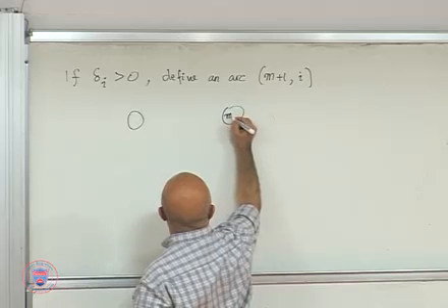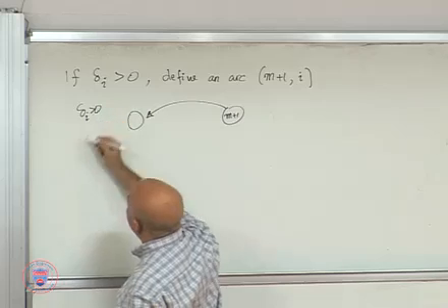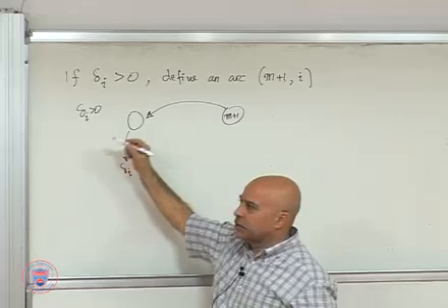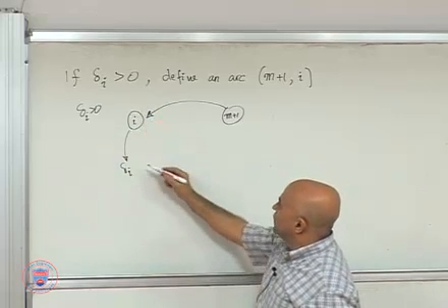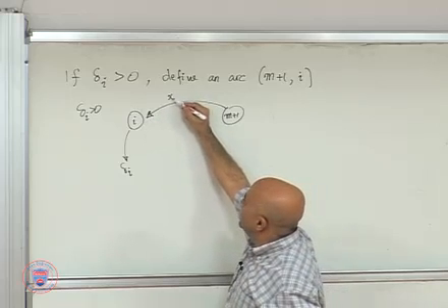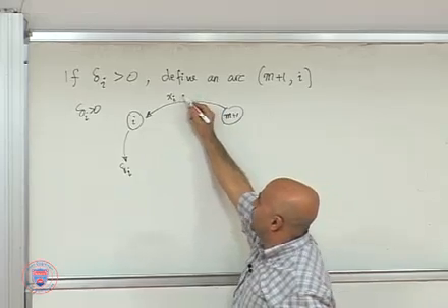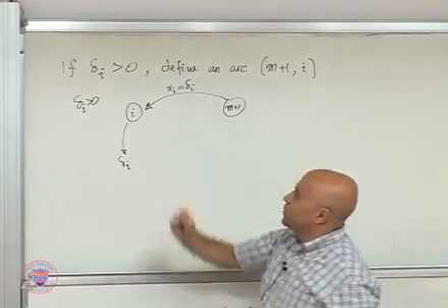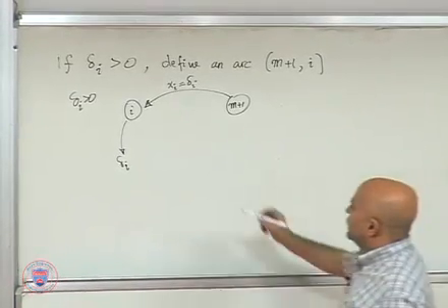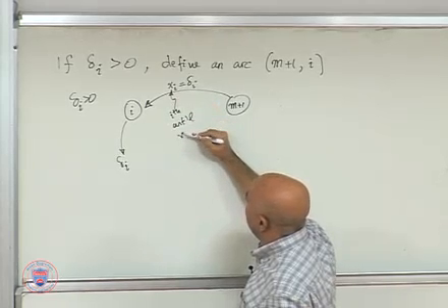This is for the case that delta i is positive. Delta i positive means you've got delta i units coming out of node i. So whatever that amount is, you balance that with an inflow of delta i units. So there's an artificial variable, call it xm plus 1,i, whatever you want to call it. It's going to assume the value delta i. So this is the ith artificial variable.